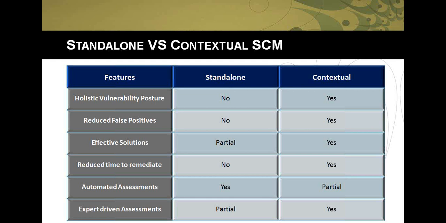I mean, manual analysis is necessary for contextual assessment. Contextual assessments are expert-driven as it needs in-depth analysis of the network and a lot of correlation. On the other hand, standalone assessments can be performed with the help of an automated tool and an analyst with an intermediate skill level. So this comparison must have given you an idea of why contextual assessment is beneficial.